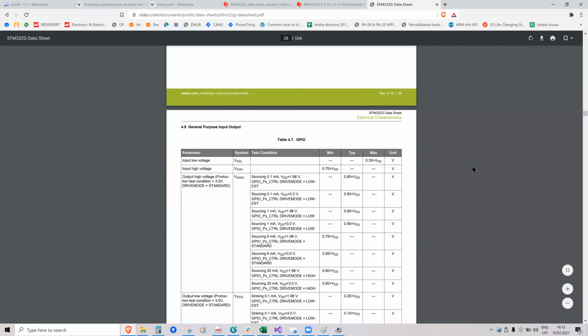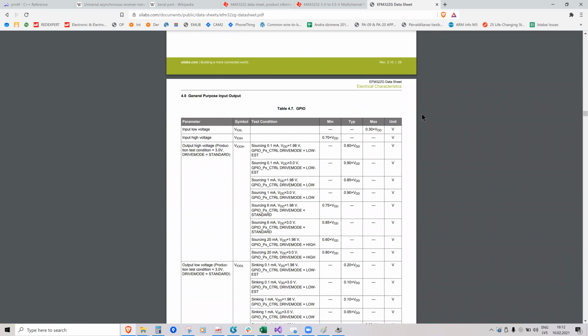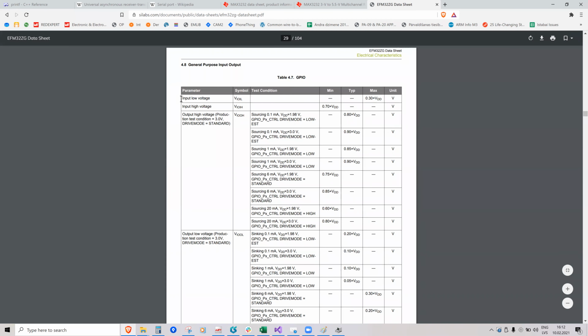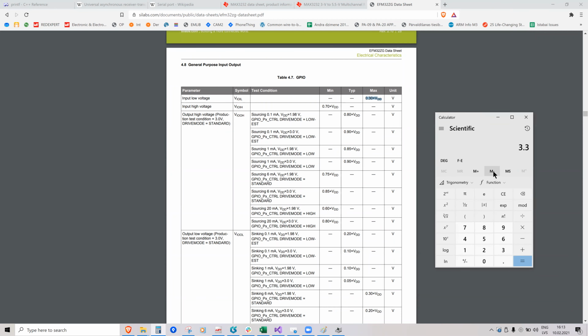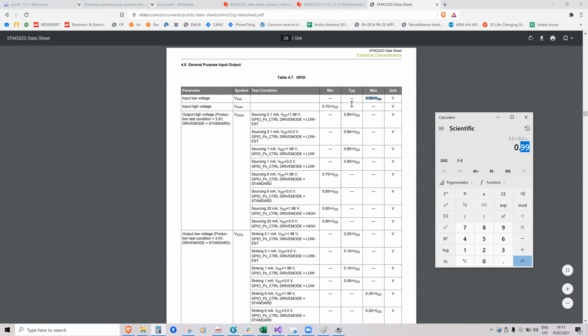Usually there is a GPIO section in the chip's datasheet, and here, for example, it says input low voltage is less than 0.3 times supply voltage. So if you have a 3.3 volt power supply and multiply it by the coefficient 0.3, then everything under 0.99 volts, basically under 1 volt, will be considered as logic low.